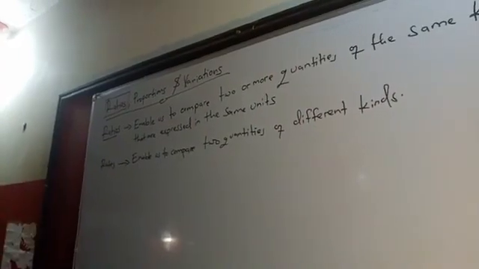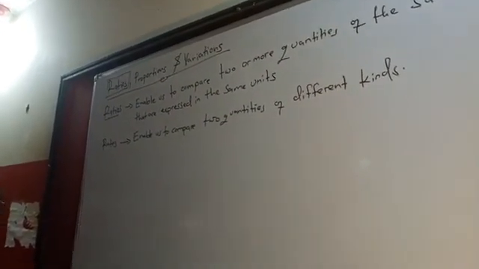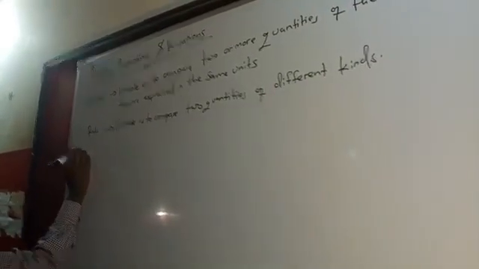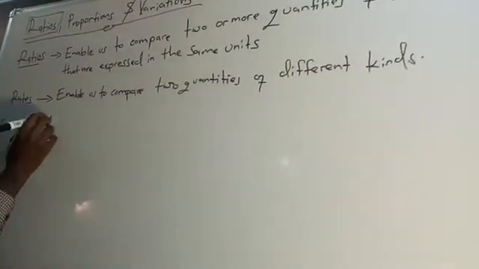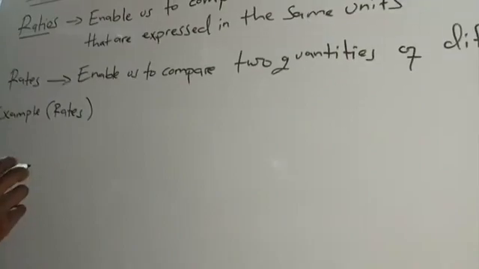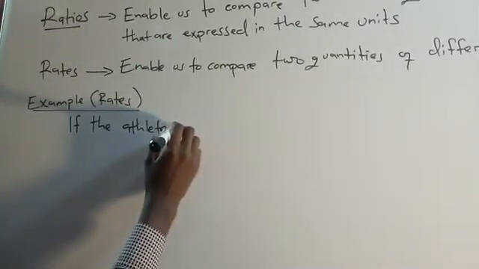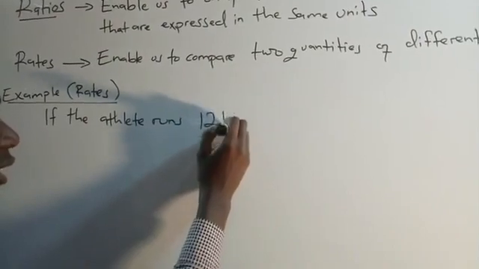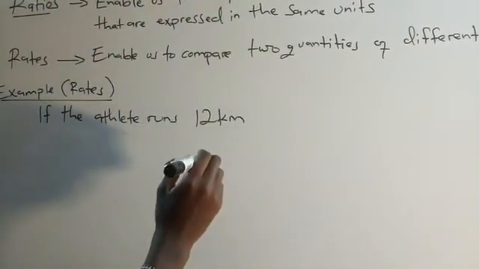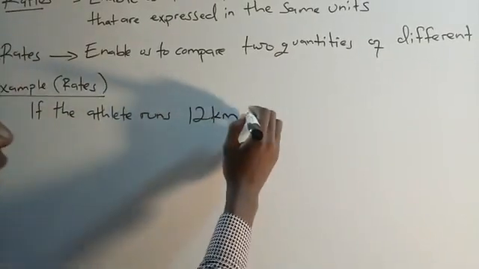So let's look at one example from rates: if an athlete runs 12 kilometers in 48 minutes.